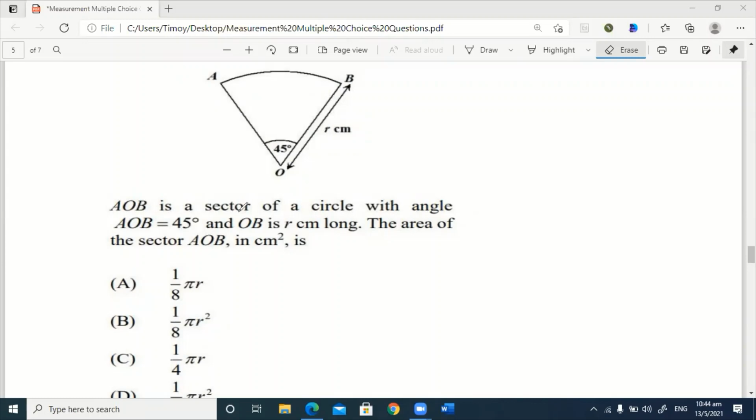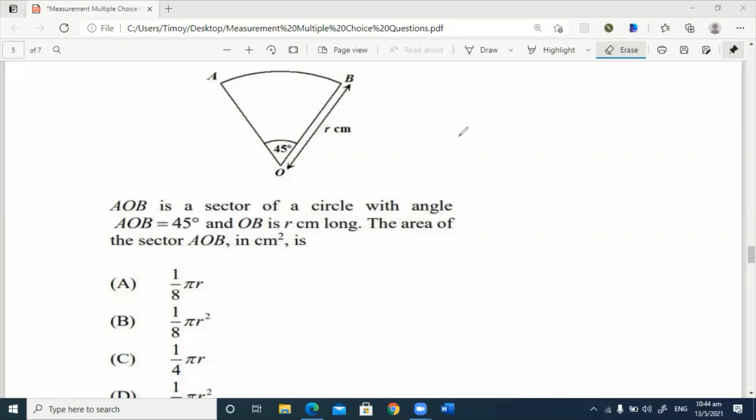AOB is a sector of a circle with angle AOB equal to 45 degrees and OB is r centimeters long. The area of the sector AOB in squared centimeters is, so what do we know?